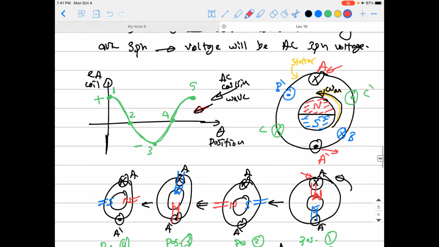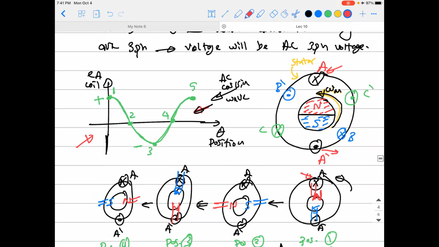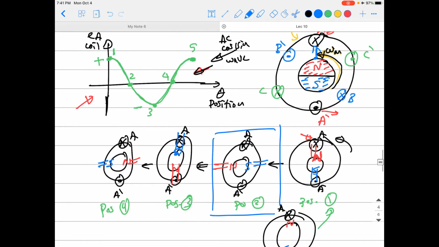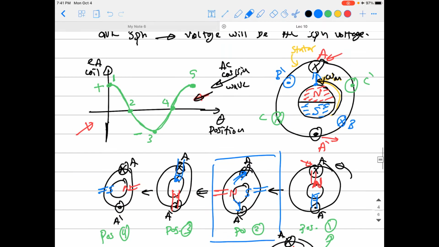So this drawing is like the cosine wave, like I said last time, but basically it just depends on when you start, okay? I chose to start from this position where the North Pole is facing here, A. But if I started from position 2, where there is no magnetic field cutting the winding, that's 0 voltage here.